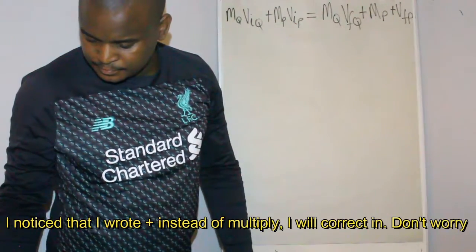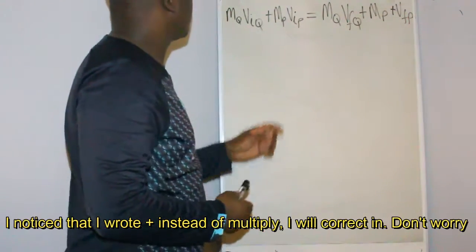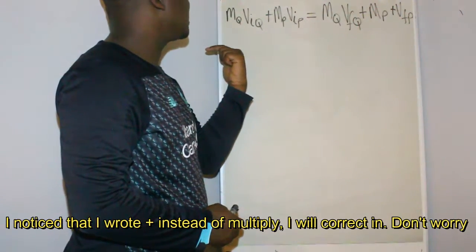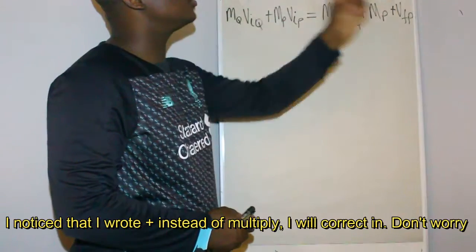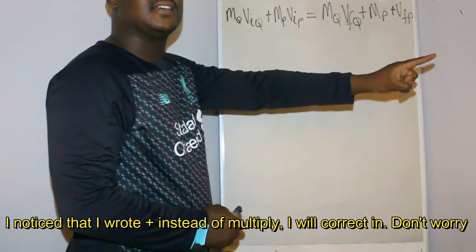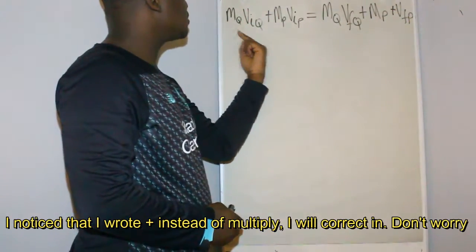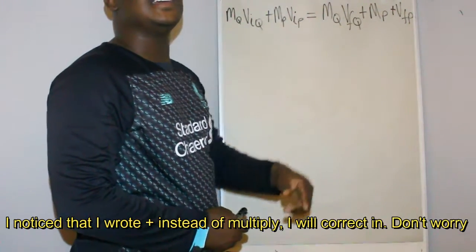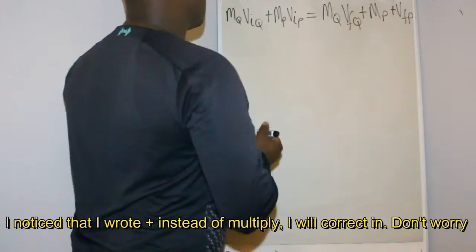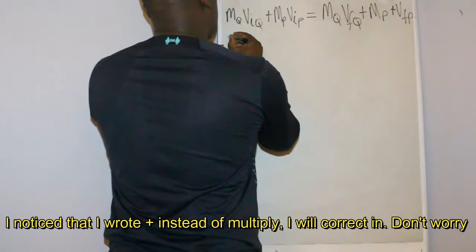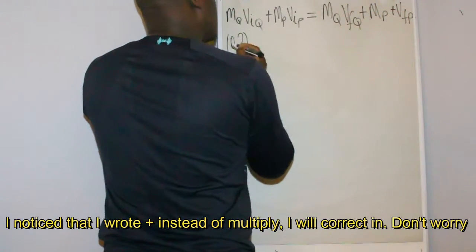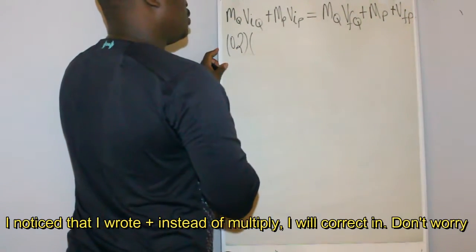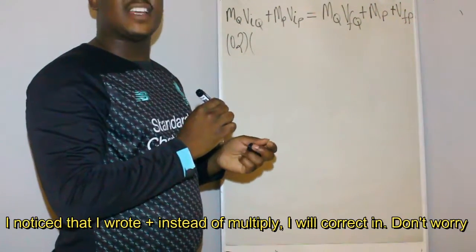So in this case, I said that I will take this ball Q, which was going west, as negative, and ball P, which was going east, as positive. So the mass of ball Q is 0,2 times the velocity of ball Q. It was 15 meters per second west, which is this direction.